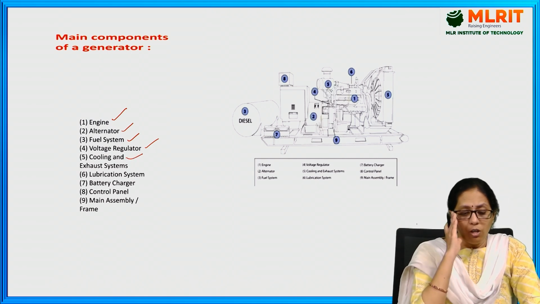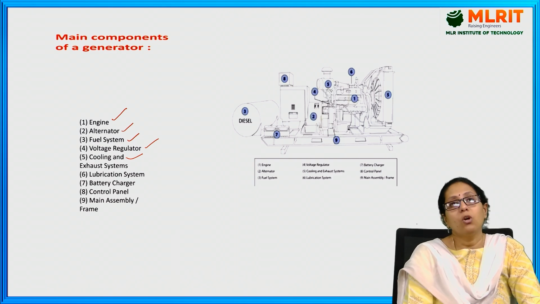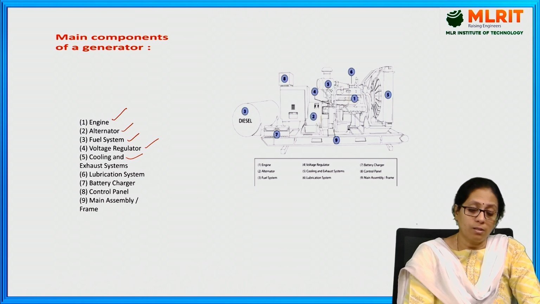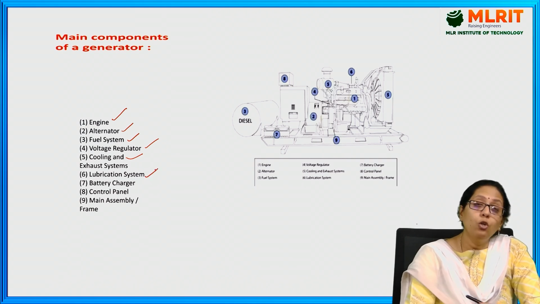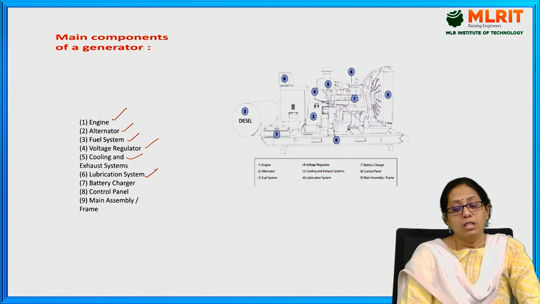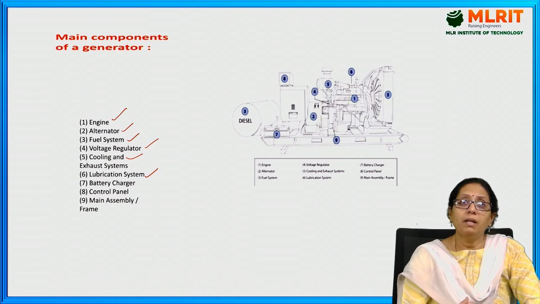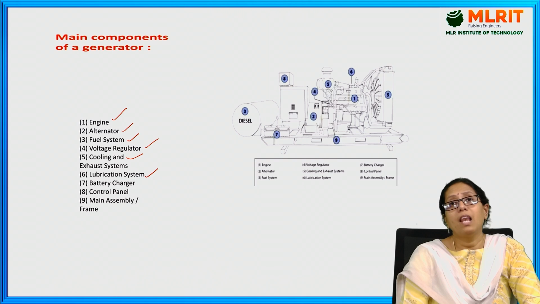For cooling the machine or reducing the heat of the machine, we use the cooling and exhaust system. The next one is the lubrication system, which is mainly used for reducing the continuous rubbing of the machine. In order to increase the lifetime of a machine, we need to lubricate the system.